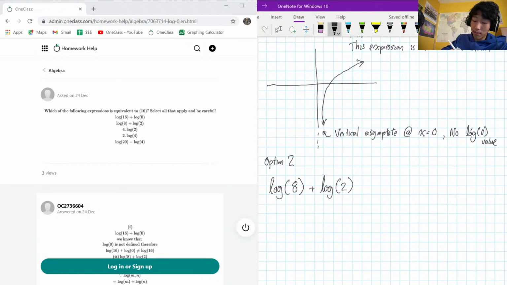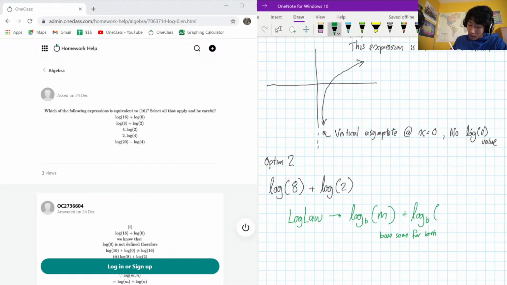Okay, now let me mention something fast, and I'll write this in green. So we have a log law that we can use. The log law that I want to use is log base b of m, plus log base b of n, same base for both, is equal to log base b of m times n.